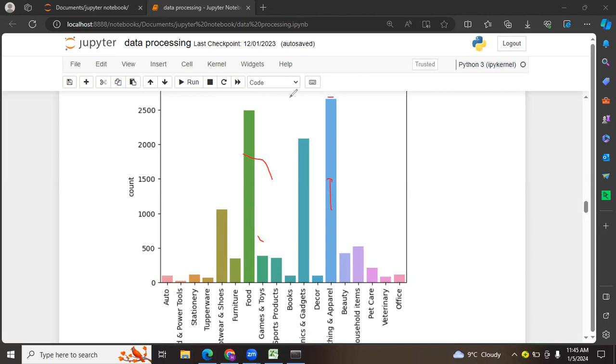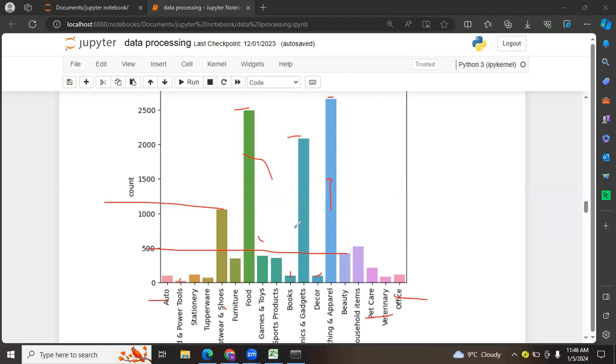See, clothing products are having the most orders, and then comes food products, and then gadgets, and the least are power tools, decor items and books unfortunately, and auto products and office products, pet care, and beauty is having almost 500 orders, and shoes is also having a good percentage with 1,000 products.